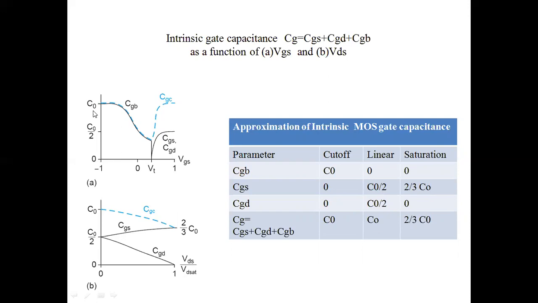This dotted line shows the presence of CGB. Then in the linear region, when your VGS value is greater than VT, both the capacitances CGS and CGD are present.